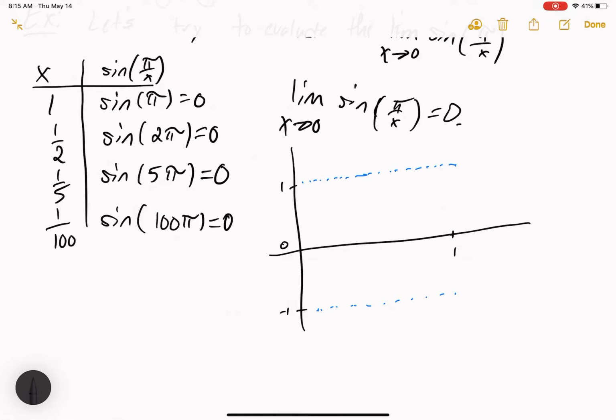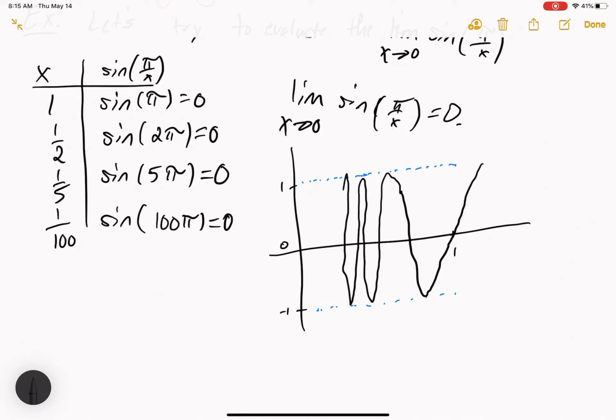Okay, so it's going to be coming down through 1, it's going to hit 1, it's going to bounce up. And then as we get closer and closer to 0, the distance between the peaks is going to get closer and closer to 0 as well.